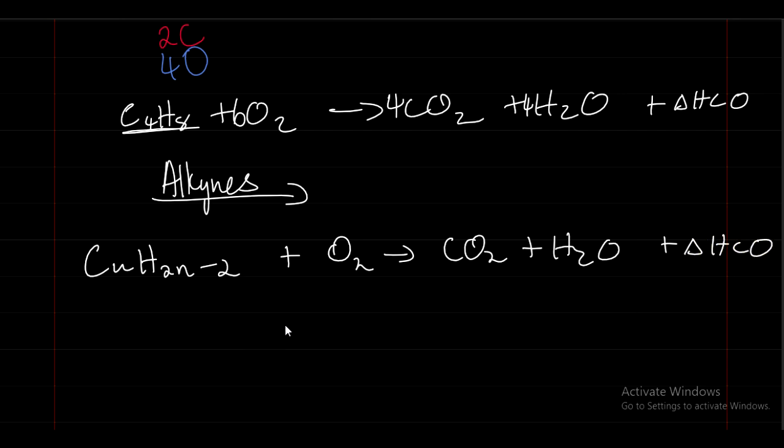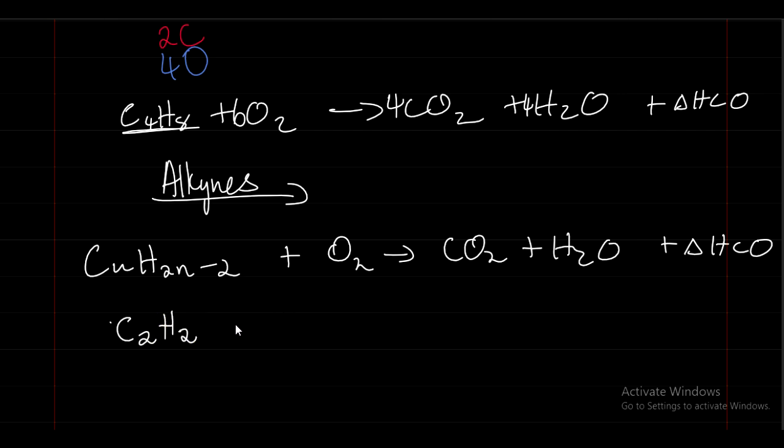Okay, so now here, let's say you have a 2 carbon alkyne. So you have C2H, and it will be 2 times 2, which is 4, 4 minus 2 is 2.